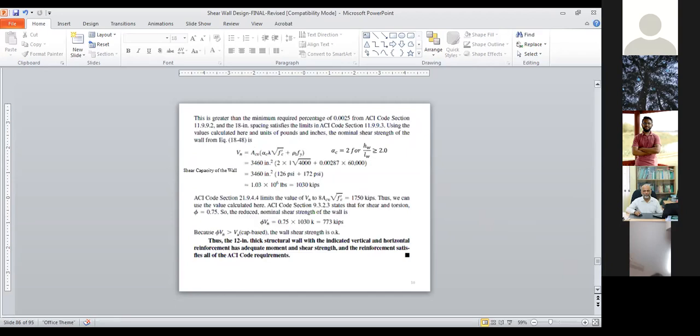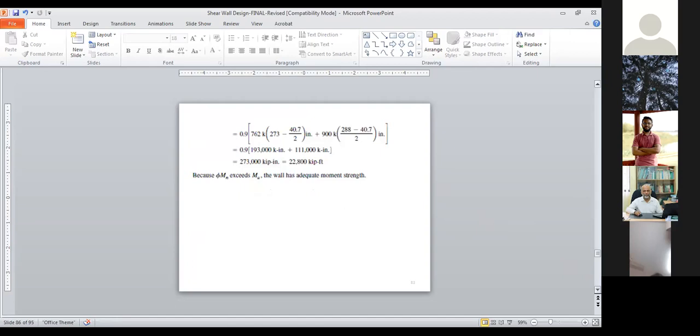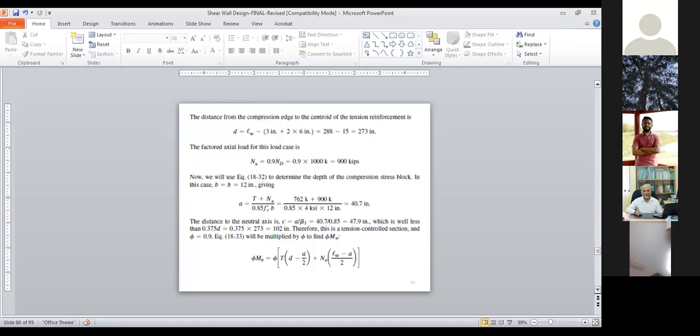I will request you to refer to the BNBC 2020, and they have very stringent requirements for shear reinforcement, for detailing of the reinforcement for shear wall in the case of seismic design categories, and also the special requirements for special moment frame or intermediate moment frame if you design using the shear wall. So you can refer to that.